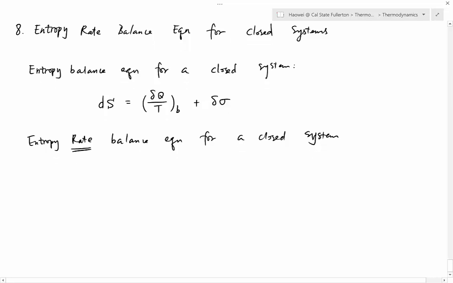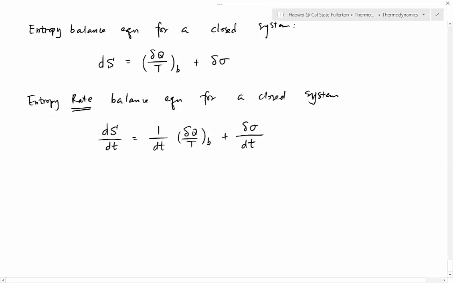So the left-hand side becomes dS over dt, and the right-hand side becomes the whole thing over dt. The second term on the right-hand side becomes delta sigma over dt. Just divide every term by time. Okay, and then let's continue.